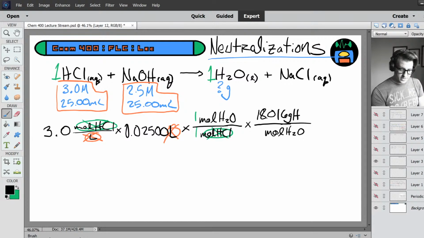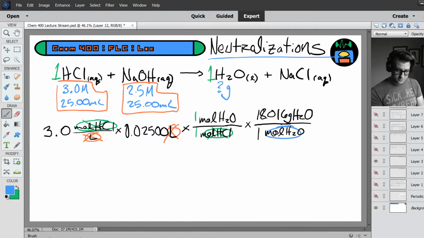And if I've calculated the molecular weight of water before, 1 mole of water has a molecular mass of 18.016 grams. So moles of water cancel. And now we're good to crunch our numbers.